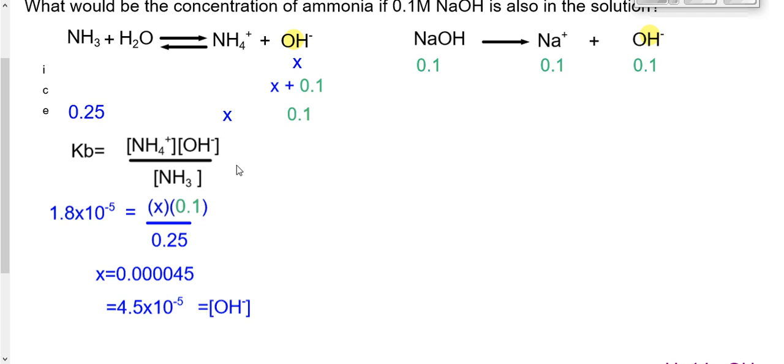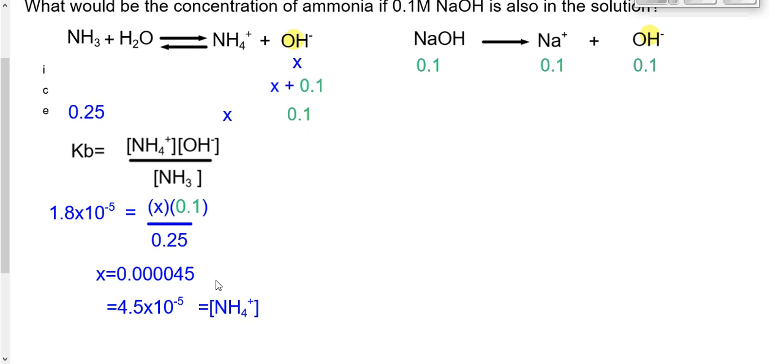Our Kb was 1.8 times 10 to the minus 5. That has not changed. The value for the concentration of ammonium ion, however, is still X. The concentration of hydroxide will be 0.1, and the value of the ammonia is still 0.25.